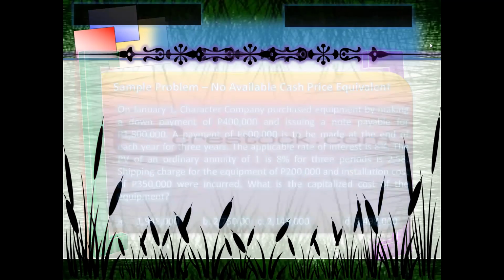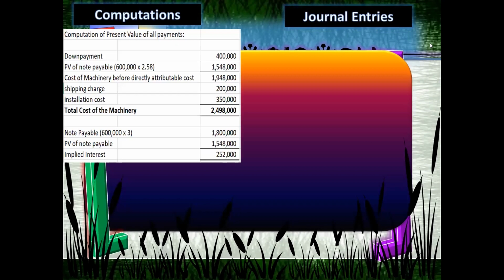So to answer that, we have this computation here. So unang-una, what you're going to do is i-compute muna natin yung present value of all payments. So magkano ba ang present value ng all payments? So first is meron tayong down payment na 400,000. Again, we just lift these amounts from the problem. No? And then the present value of the note payable.